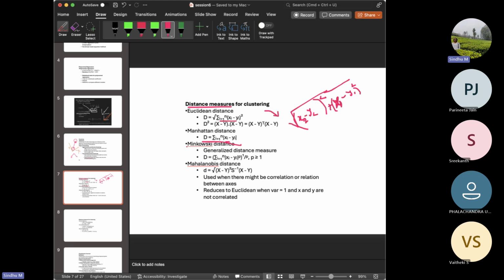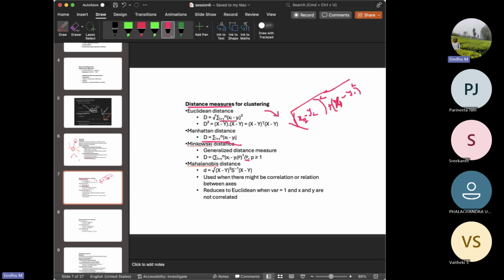And the third one is the Minkowski distance. Minkowski distance is a generalized measure. Generalized meaning, if you compare Euclidean and Manhattan, in Euclidean we are doing a square and then a square root. Similarly, you can also do a cube and the cube root, or you can take the fourth power and take the fourth root, and so on. In the Minkowski distance, that will depend on this value p.